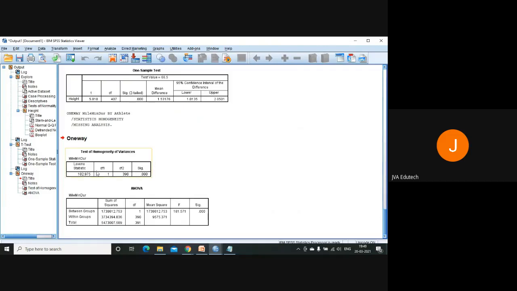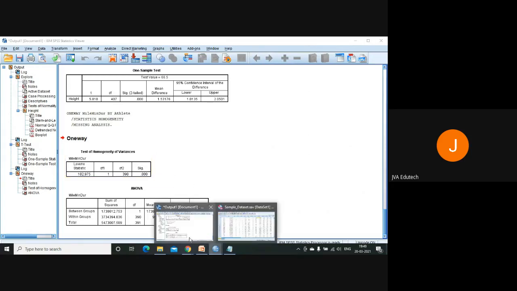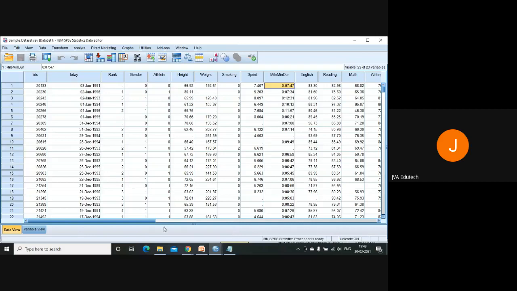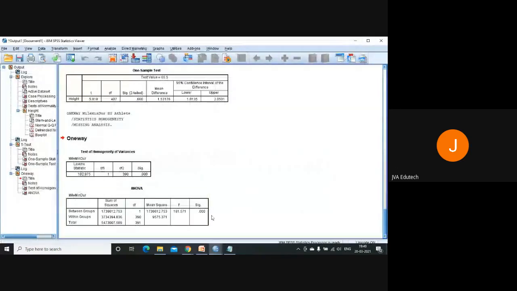So here what is our value coming to be? Can anybody tell me what is your p value in this case? It's 0.000, isn't it? Yes, sir.